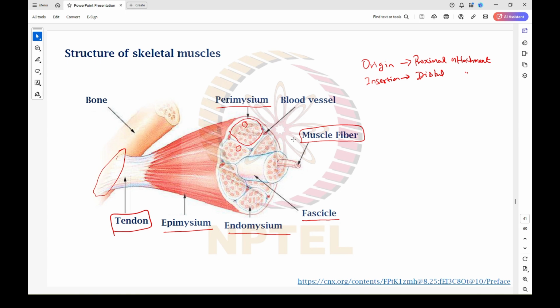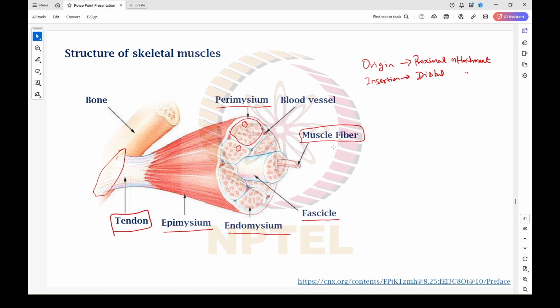The epimysium plus the muscle fibers or the muscle fascicles will connect to the tendon, which will then connect to the bone. Remember, the origin is the proximal site of the attachment, whereas the insertion is the distal site of the attachment.